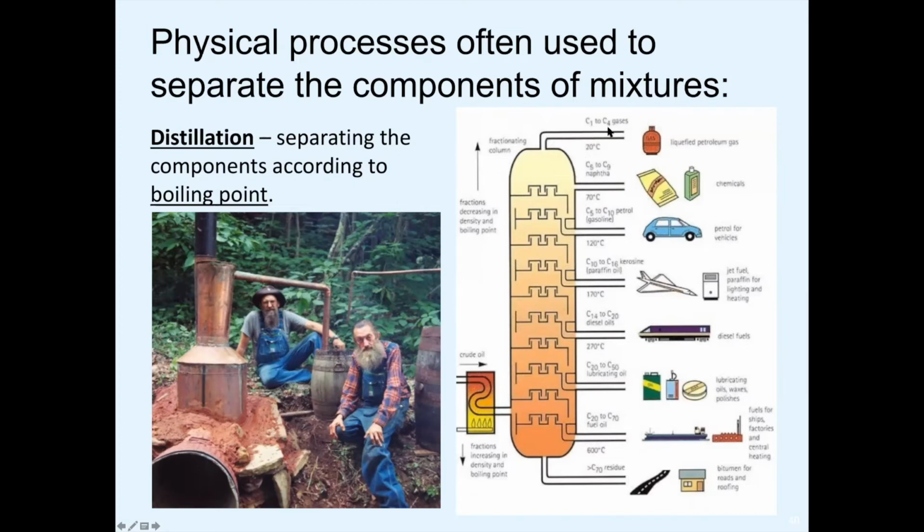And so they just get sort of separated out at different places in this apparatus that's used to distill crude oil. So the crude oil goes in, they heat it up, and some of it they can separate out down at the bottom because it has a very high boiling point, but some of it, they separate out up to the top because it has a lower boiling point. So the idea here is that the different components of the crude oil get separated out according to their boiling point.